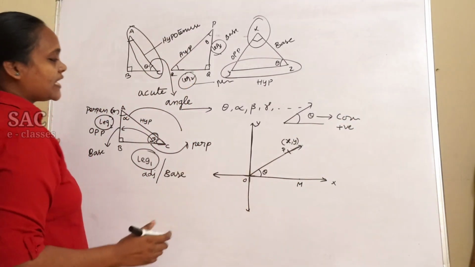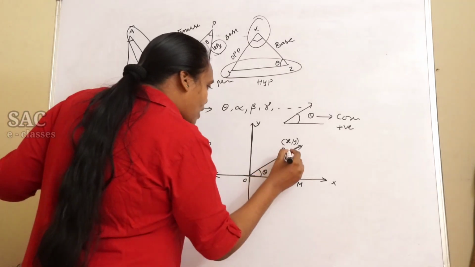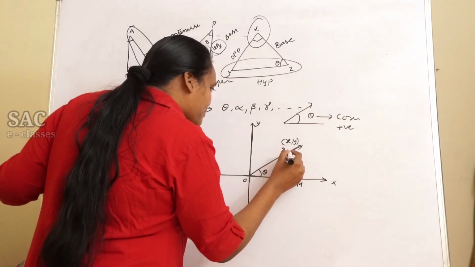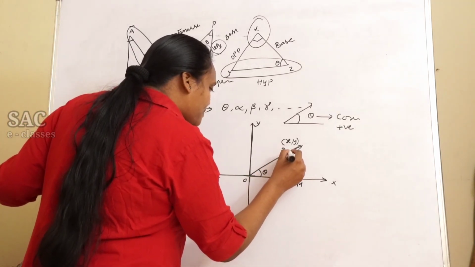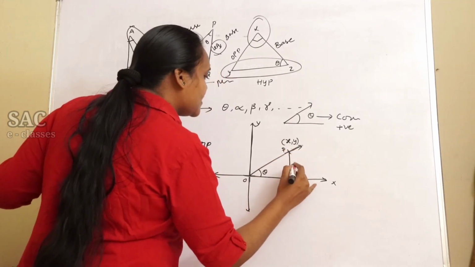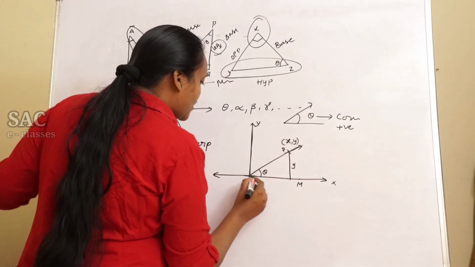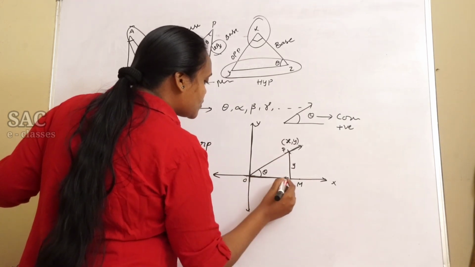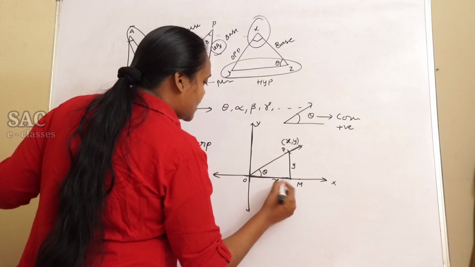Now I have taken an angle. If you observe, if I draw a perpendicular from the point P to the x-axis, it is exactly y units. If I draw the horizontal to that particular point, it is called x.